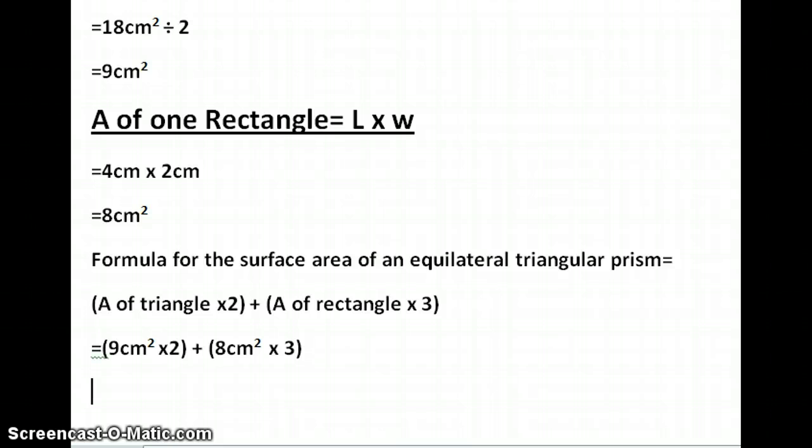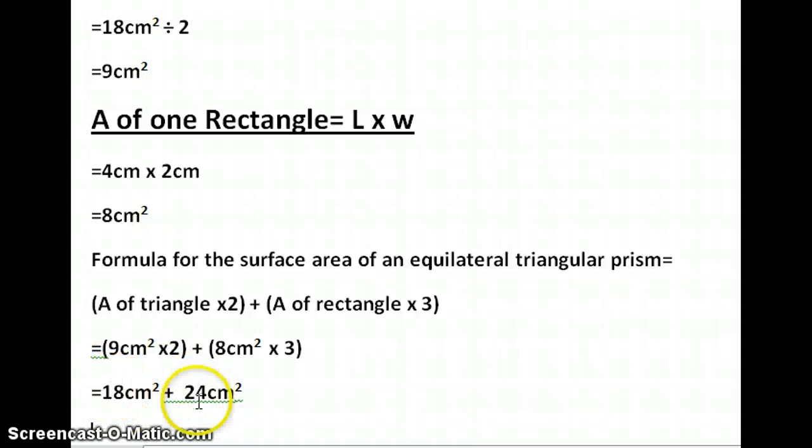So what do we have now? Can everybody work that out in your head? 9 times 2 is going to give us 18 centimeters squared, plus 8 times 3. What's that going to be? 24 centimeters squared. Now all we need to do is add 18 plus 24.